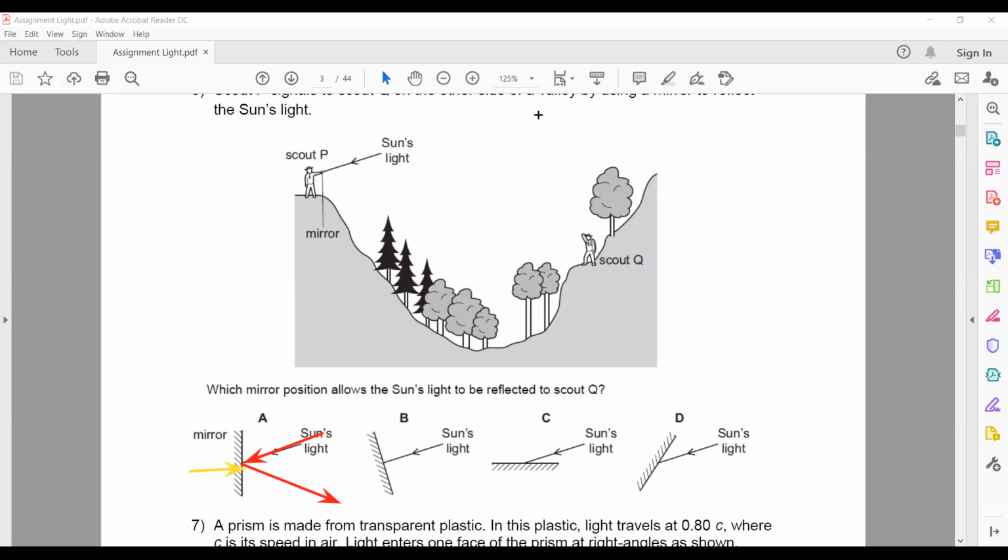So when I draw the normal here, you can see angle of incidence and angle of reflection should be the same, and in the direction in which the light will travel, it will reach scout Q. But why not B? If he places the mirror in position B, it strikes and bounces back in the same direction where it struck. So it will not reach scout Q.